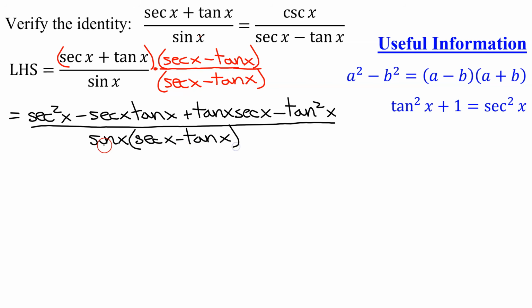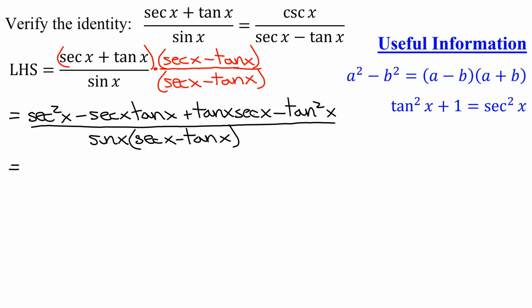I do not want to distribute this sin x into the parentheses because I need this binomial in my answer. So now looking at my numerator, will I end up at the difference of two squares? Well, I have negative secant x tangent x and positive tangent x secant x.